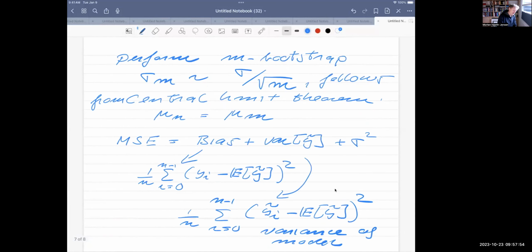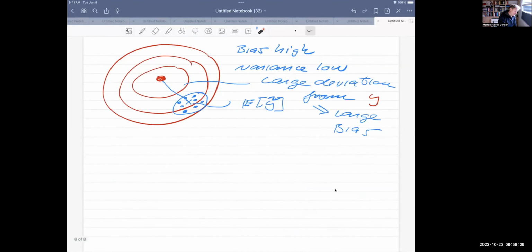Because if you go back to the expression, what we have now is a mean value which is far away from the points we want to predict. In our case, there's just one point we want to predict here, right? So this is that point which you see here. This would be an example of what we call a high bias and a low variance.